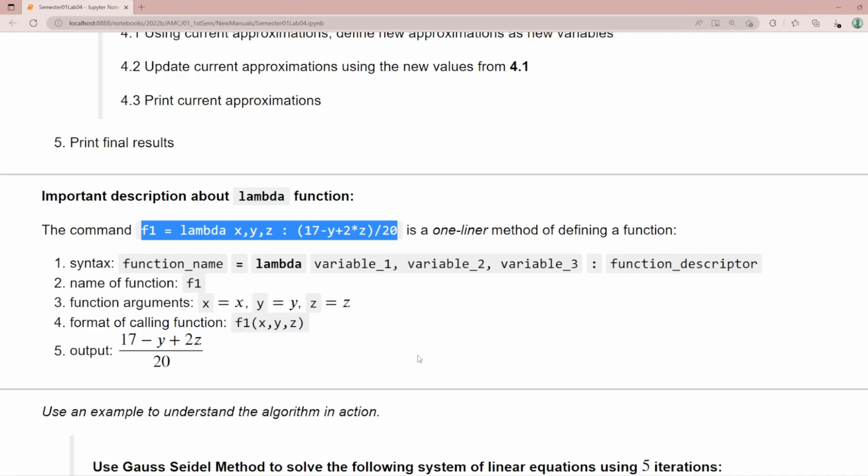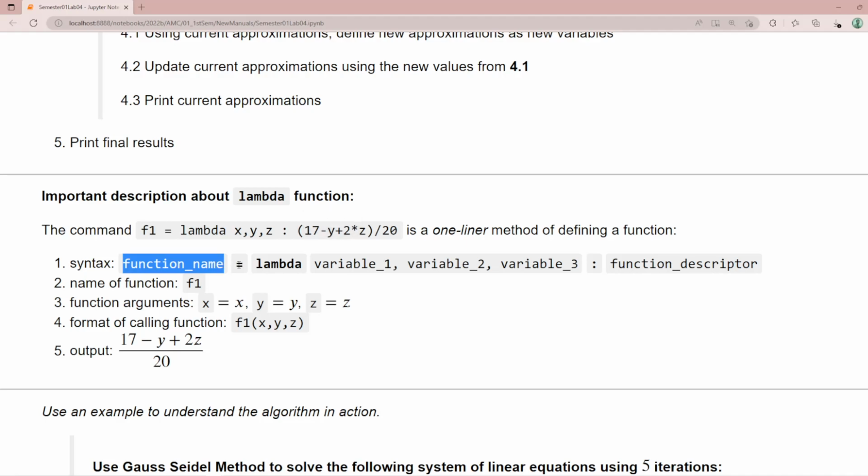However, this method does not work very well if the function itself has a complicated computation to carry out. Here we wish to take the values of x, y, z, and calculate the expression 17 minus y plus 2z, all over 20. So we use a lambda function, which is a simpler way of defining a function. So the syntax is as follows. First, we specify the function name, and then we give an equals sign.